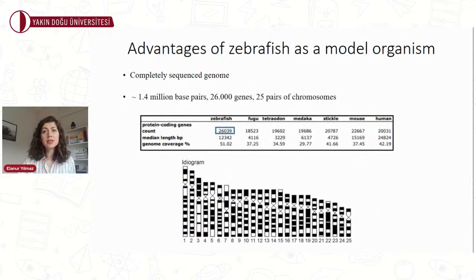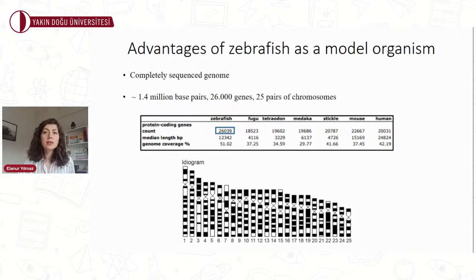In the haploid state, the zebrafish genome has a size of about 1.4 gigabases distributed among 25 chromosomes, and detailed annotation provides evidence of more than 26,000 protein coding genes, which is actually the largest gene set of any vertebrate sequenced so far, I know.